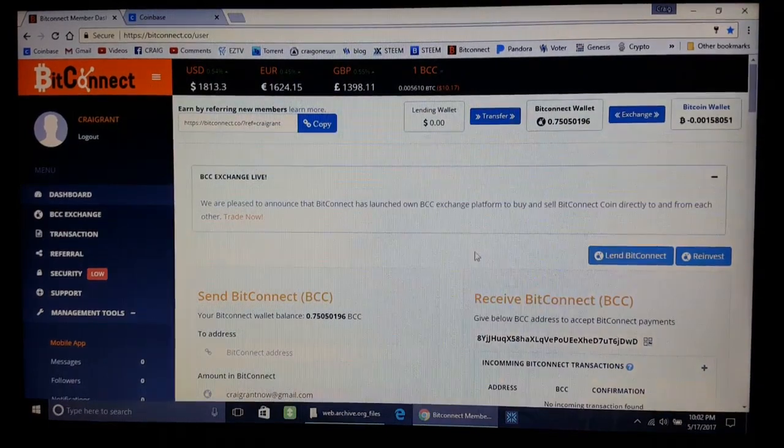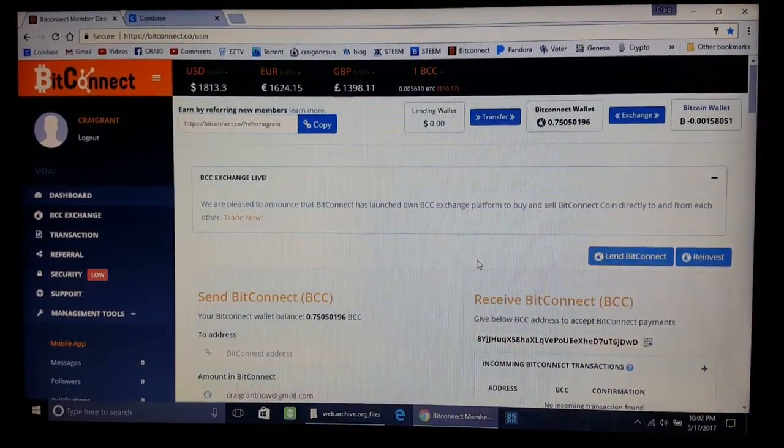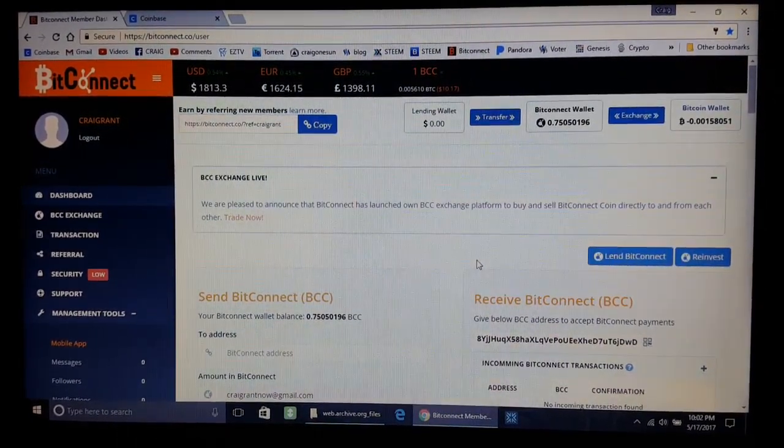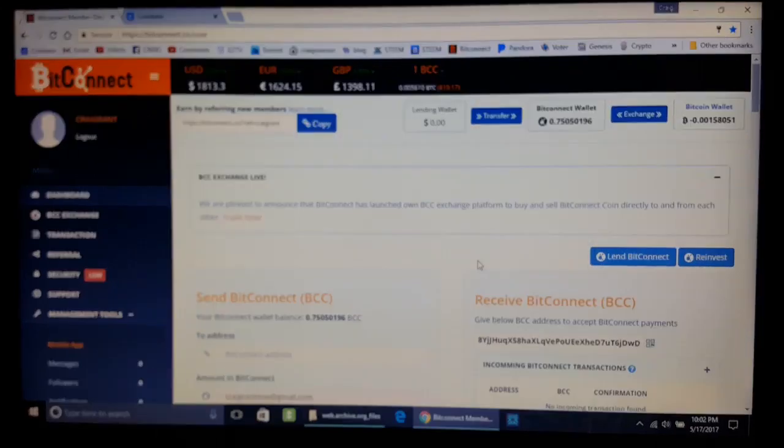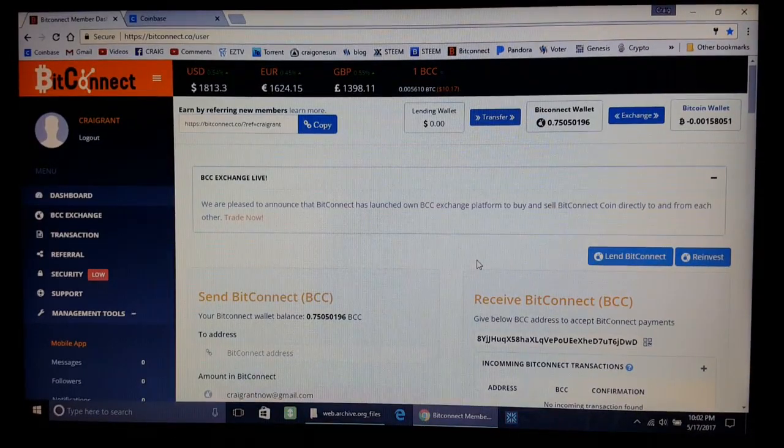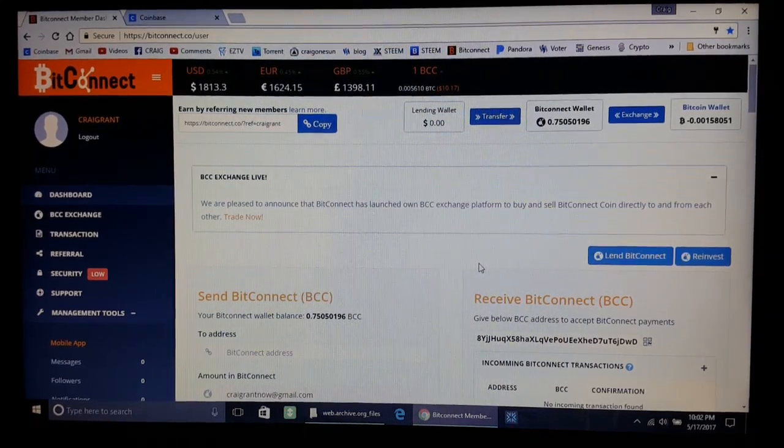So every penny that goes in and out of BitConnect is being traded on a public blockchain that you can mine, you can stake, if you know what that is. Like you open a wallet, you have some BitConnect tokens in there, you get paid a share for having that wallet open 24/7, right? And you can mine it with hardware mining, right? If you're a miner, it's a blockchain currently on CoinMarketCap.